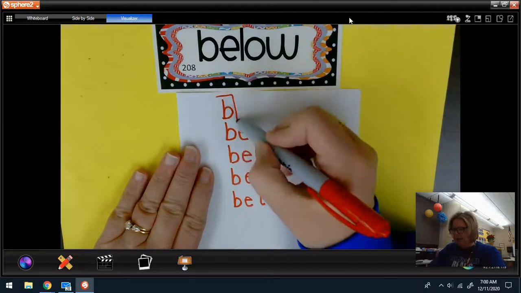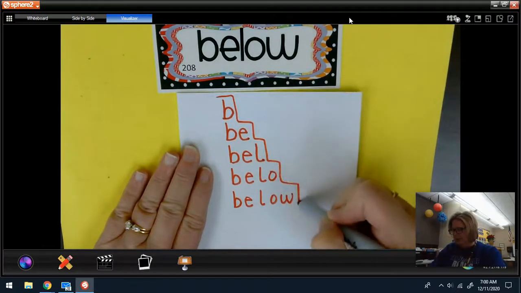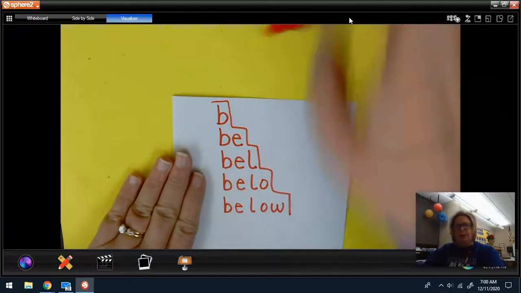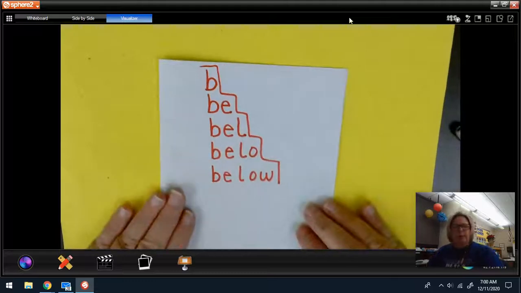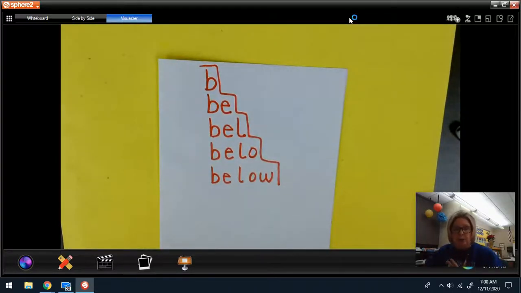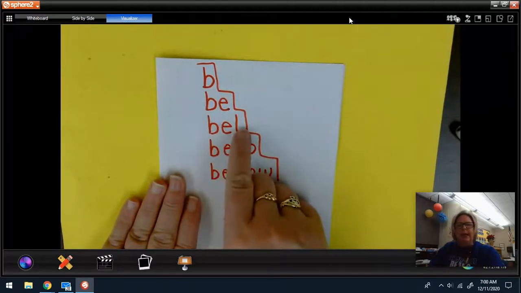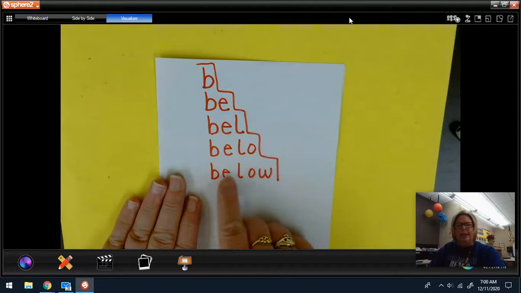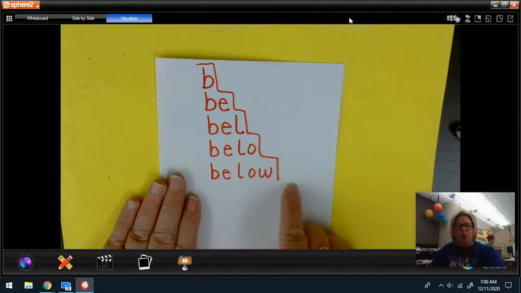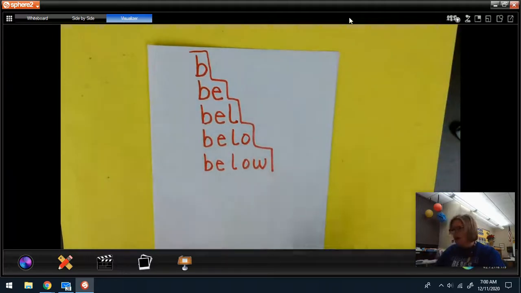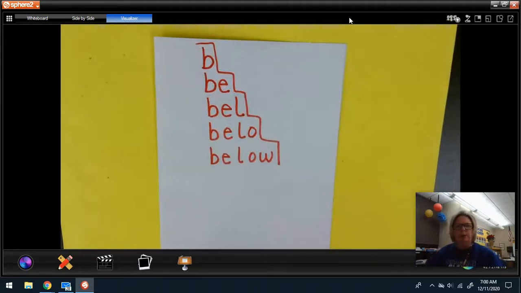And it creates steps or stairs. So that's a really good way for you to practice, especially if you're having trouble remembering how to spell or even pronounce the words. As you're writing them, you can say B, B-E, B-E-L, B-E-L-O, B-E-L-O-W, below. So just a little helpful hint, especially to parents if children are having trouble remembering how to pronounce a word, or even if they just need practice spelling, that's a good way to help practice spelling.